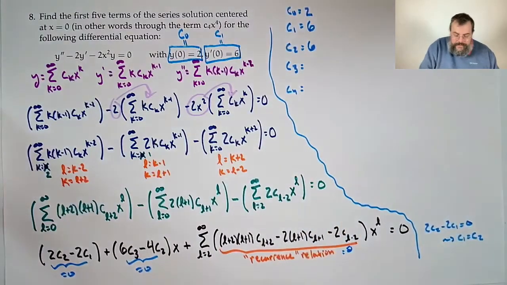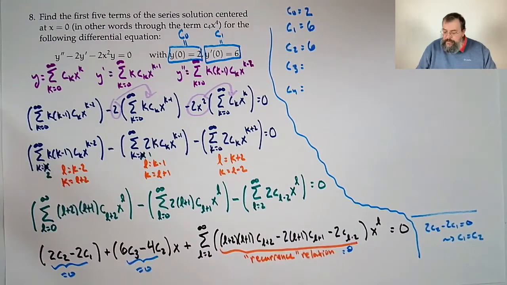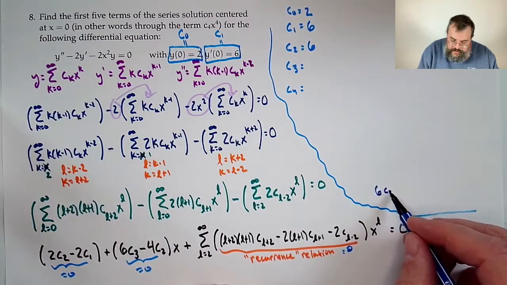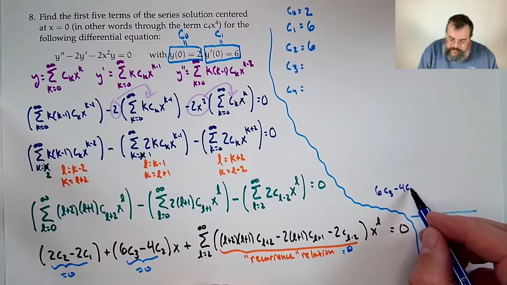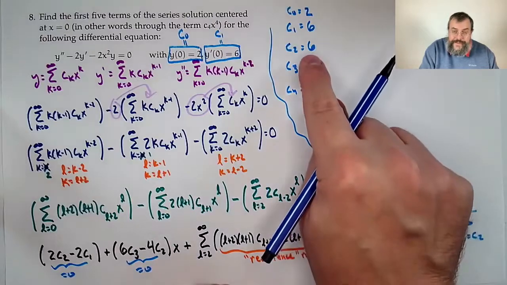All right. Now let's come to the next one. So what's our next one telling us? Our next equation tells us that 6 times C3 minus 4 times C2 equals 0. But we know C2.